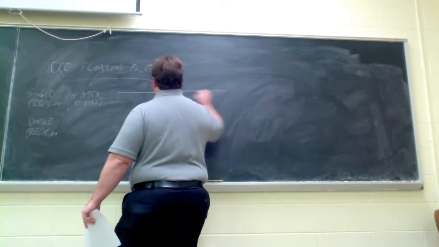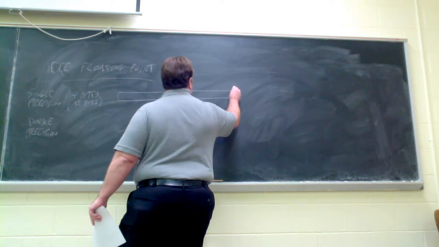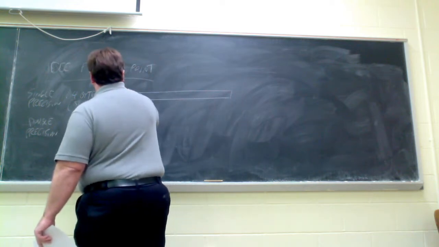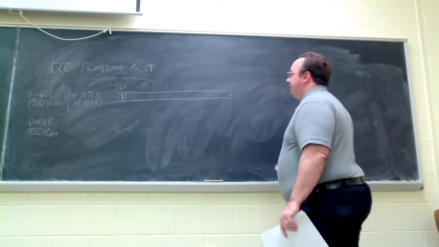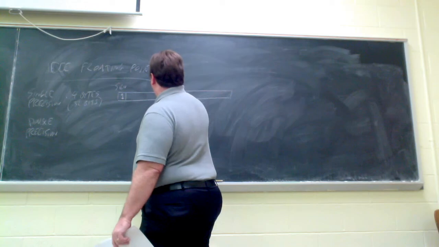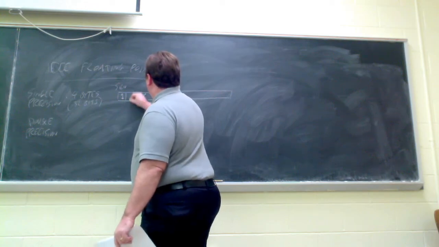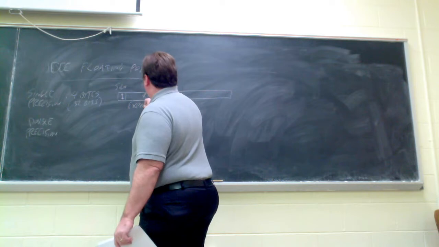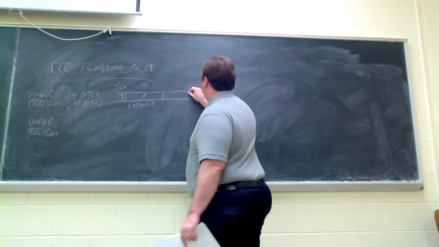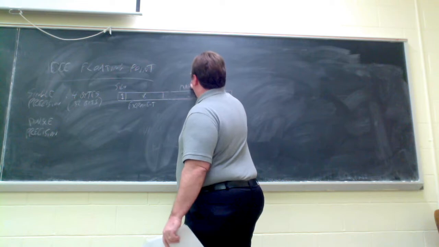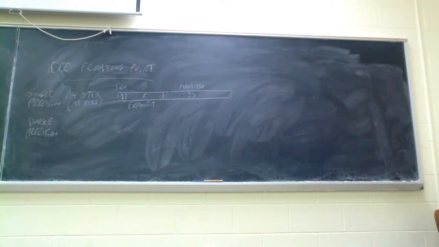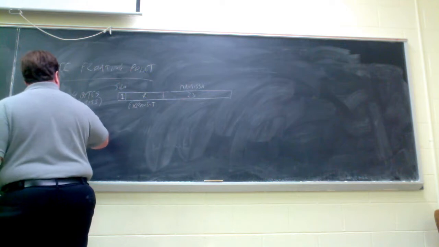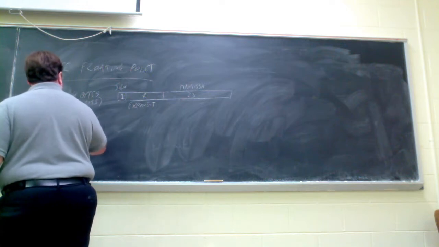To describe how the bits are used, we have 1 bit for the sign, so 0 for positive and 1 for negative. And then there are 8 bits used for the exponents. And then the remaining 23 bits are used for the mantissa. And then for double precision, you have 8 bytes, so 64 bits.